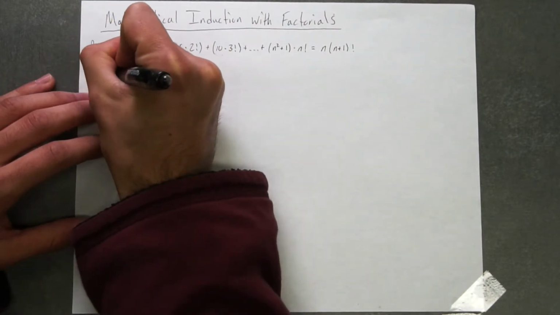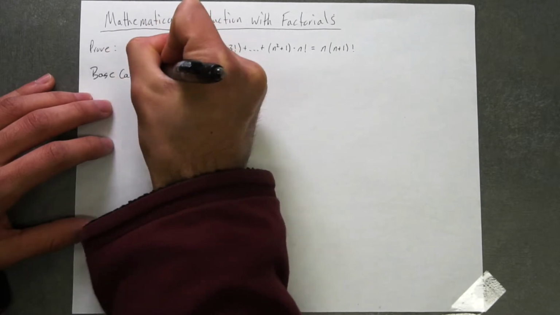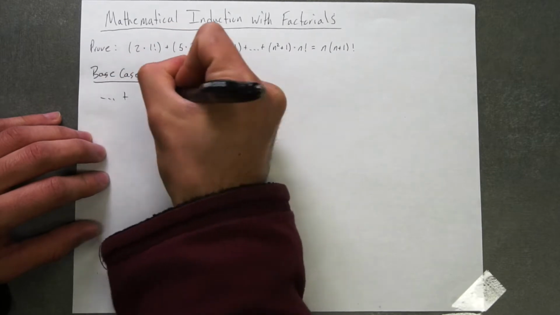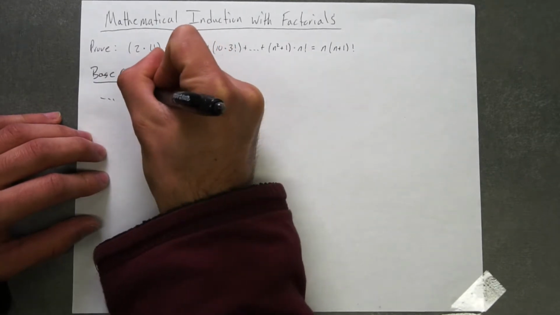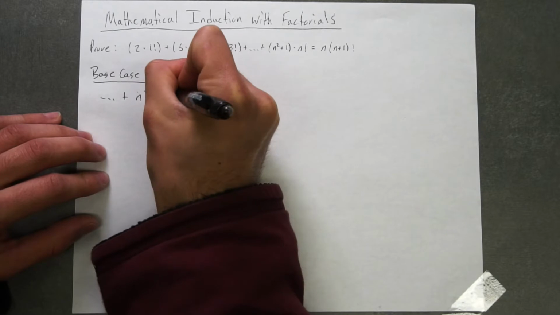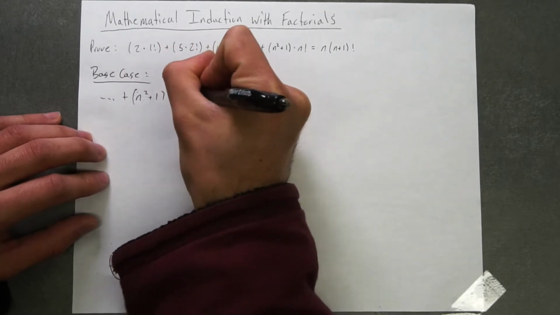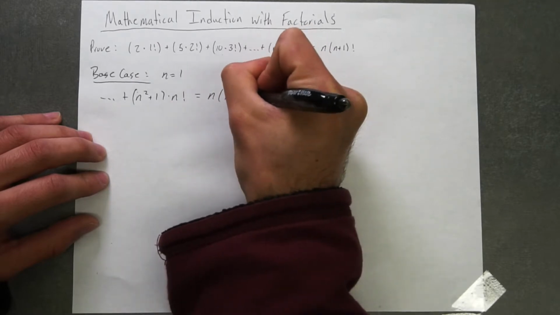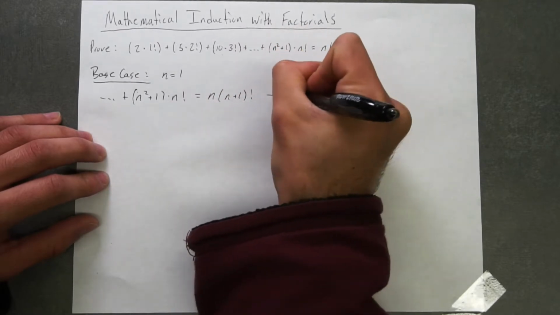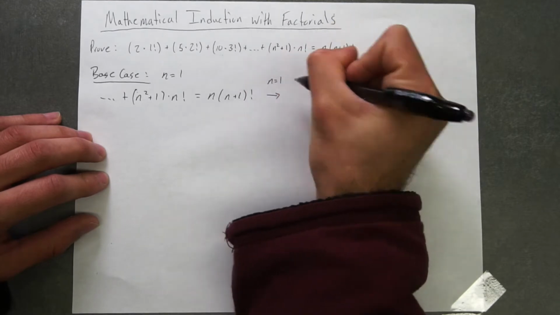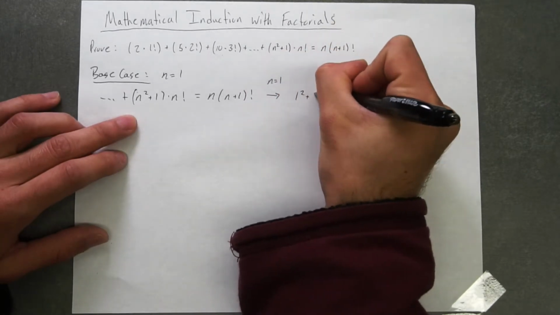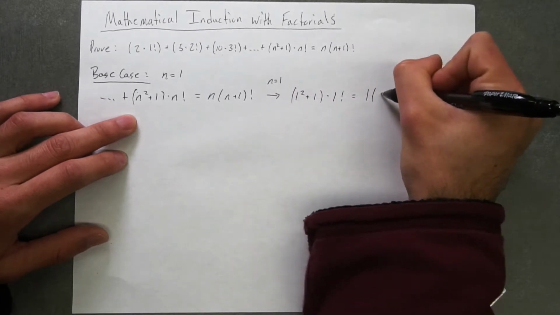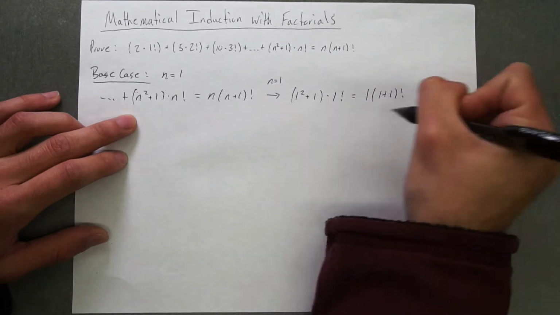So for the base case, we set n is equal to 1. We have dot dot dot plus n squared plus 1 times n factorial is equal to n times n plus 1 factorial. And substituting n is equal to 1 in this case, we have 1 squared plus 1 times 1 factorial is equal to 1 times 1 plus 1 factorial.